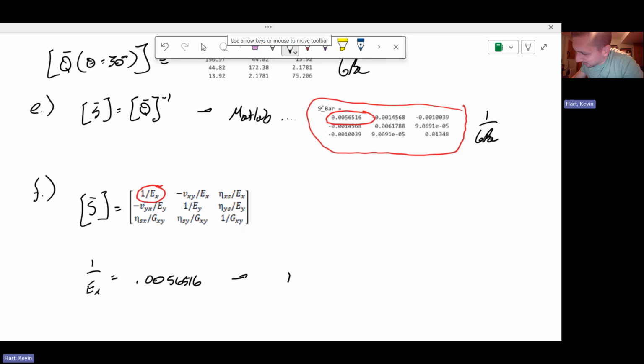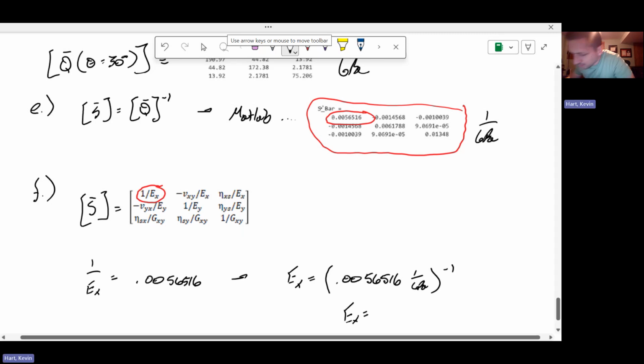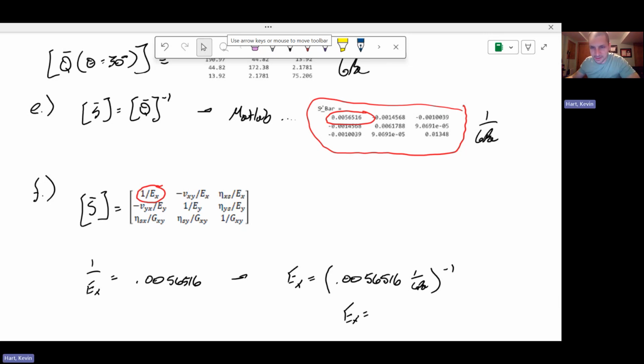So with just algebra, EX is the inversion of this. So we can calculate that: 177 GPa.